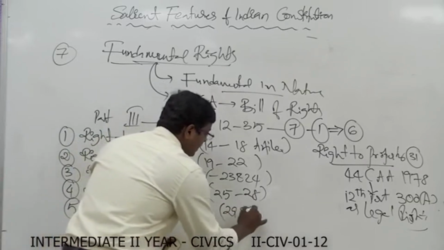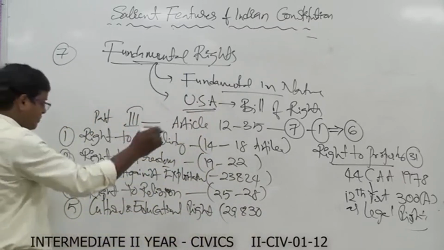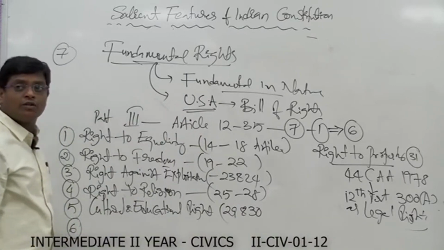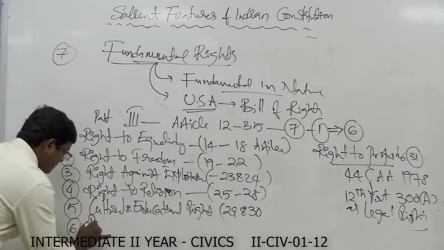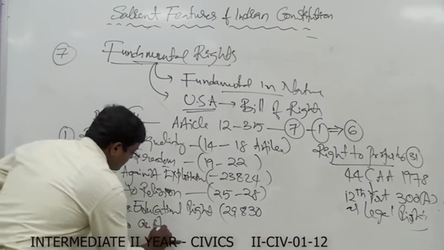Article 31 was deleted, that is the right to property. Then finally, a very important article is the right to constitutional remedies.